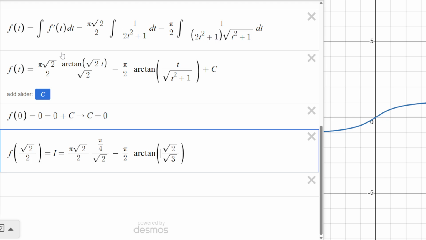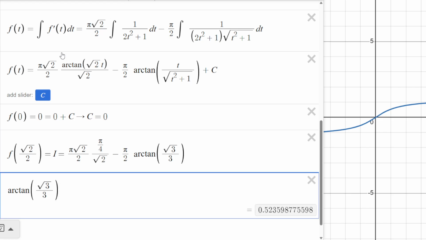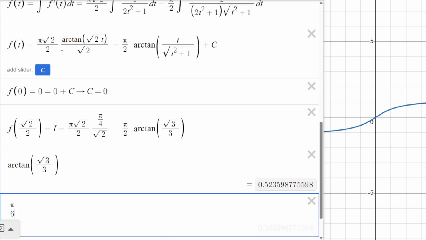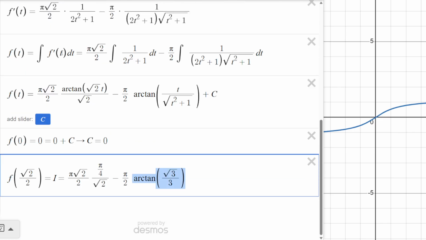So we're left with just 1 over square root of 3 inside that arctangent. Multiply the top by square root of 3 and the bottom by square root of 3 to get square root of 3 over 3, which I believe is pi over 6. Yes, it is. Okay. So we can replace this with times pi over 6.